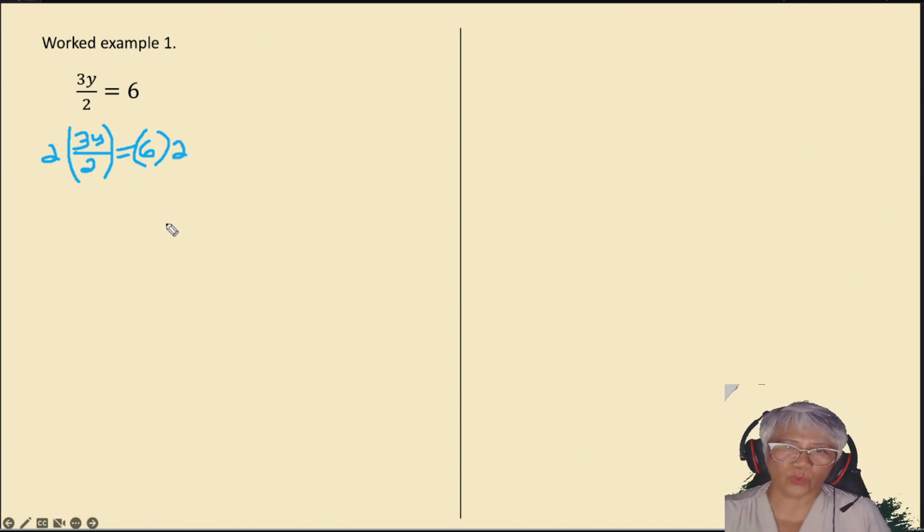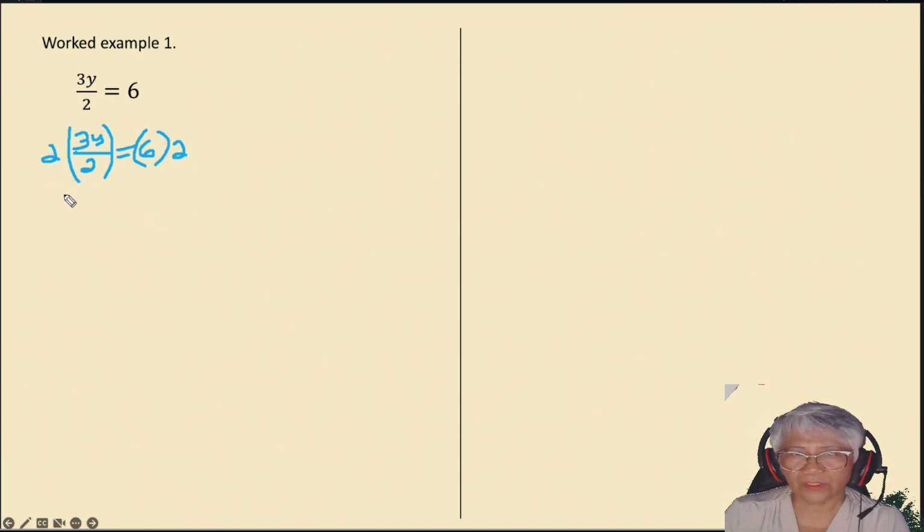Remember that whatever you do on one side of the equation, you do the same thing on the other side. Now, if we simplify further, these 2s will cancel out. So we have a remaining 3y is equal to 12.